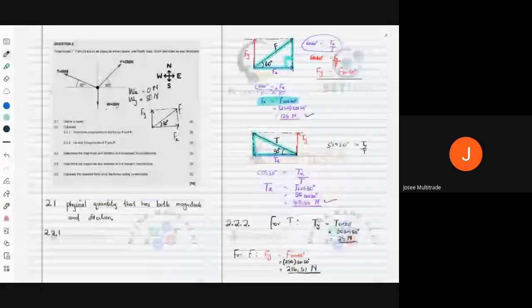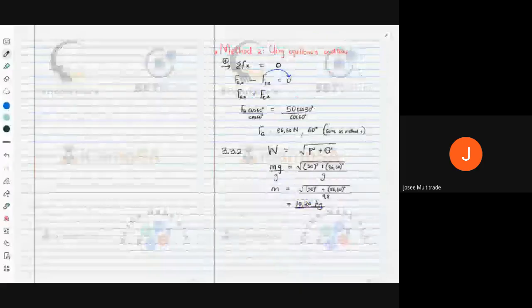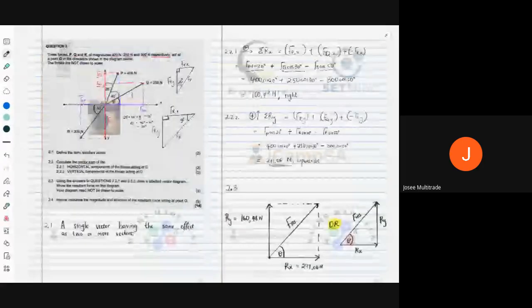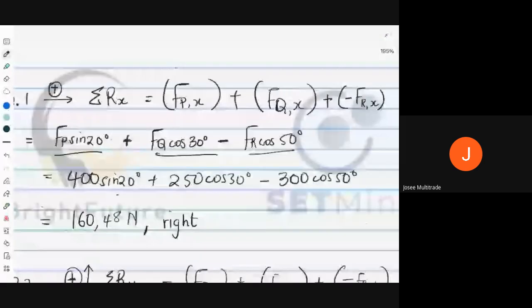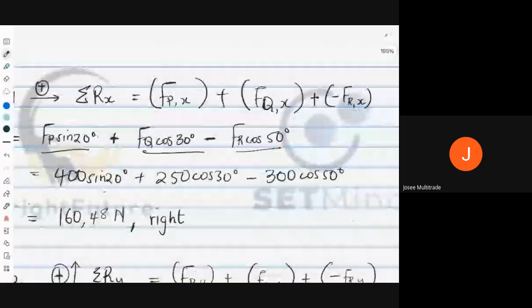All right, so magnitude and direction of the resultant horizontal force. This is something I said in our last lesson, if you remember. Let me see if I can find the step that we actually did.